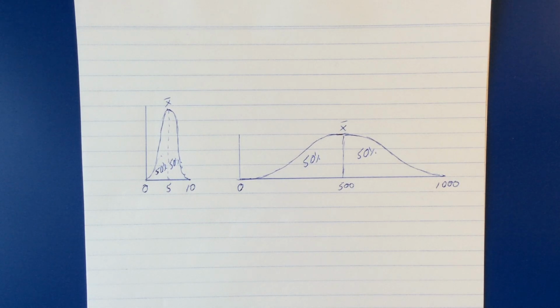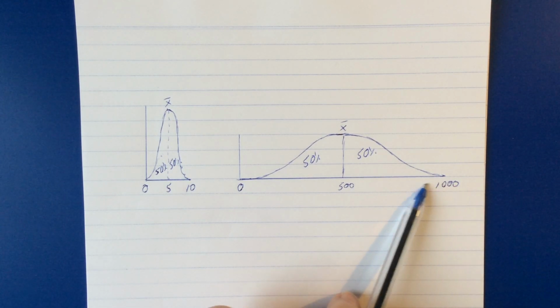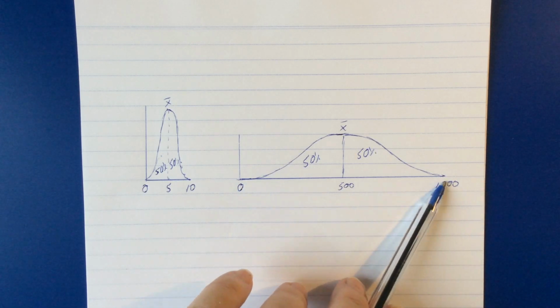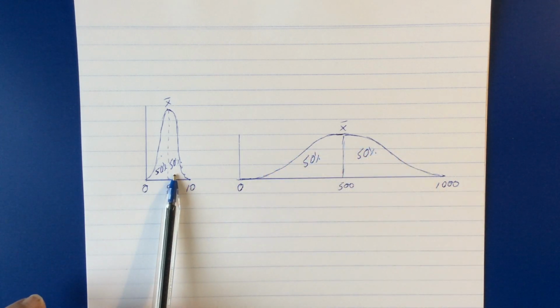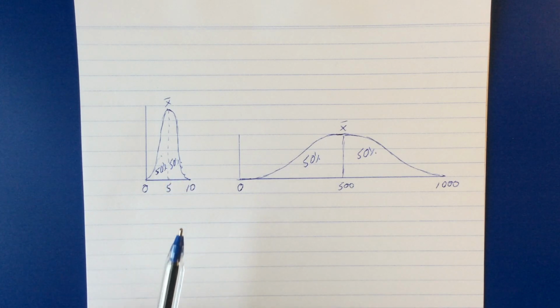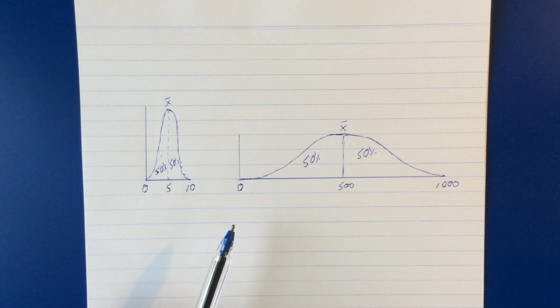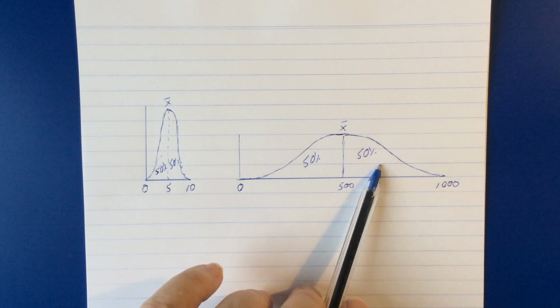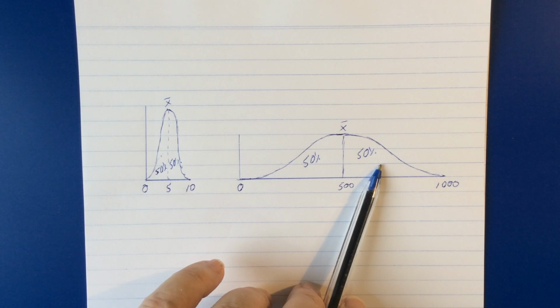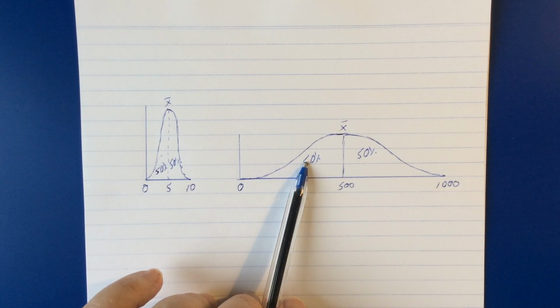Now, this is as far as I want to go with this video. The range will often determine the shape of the bell curve, the normal distribution curve, and half the data should be here and half the data should be here.